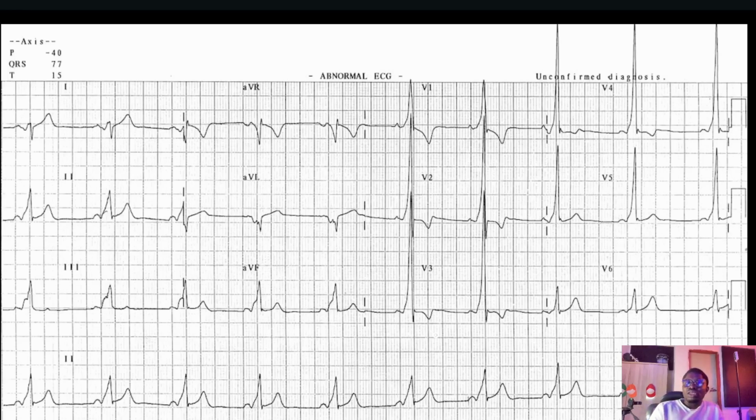ST depression in leads V1, V2, V3, widened QRS complexes. Ultimately, this is, like I said, Wolf Parkinson White, and the shift of the axis to the right is apparent, and there is the appearance of a posterior infarct.